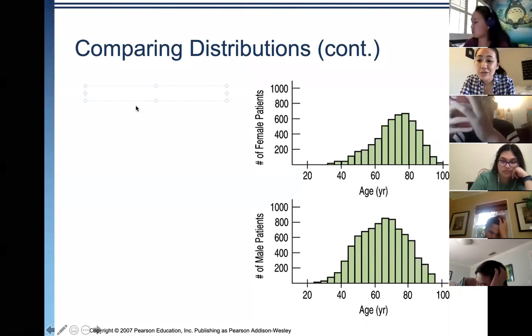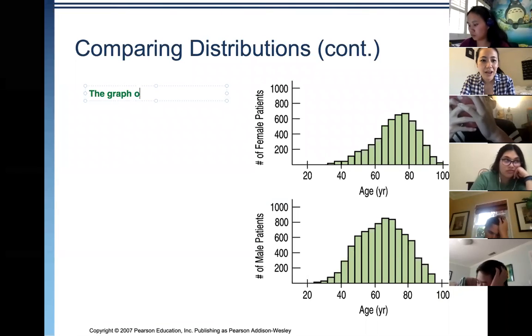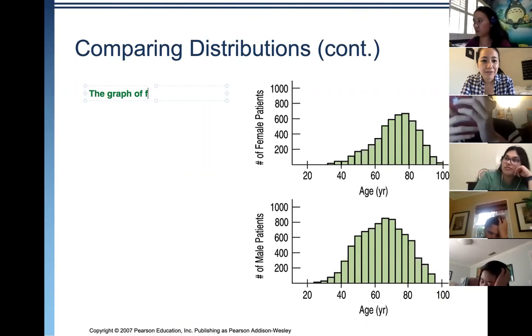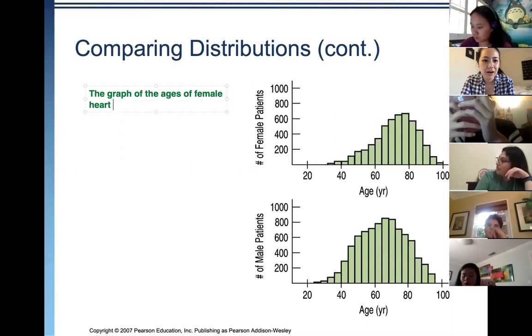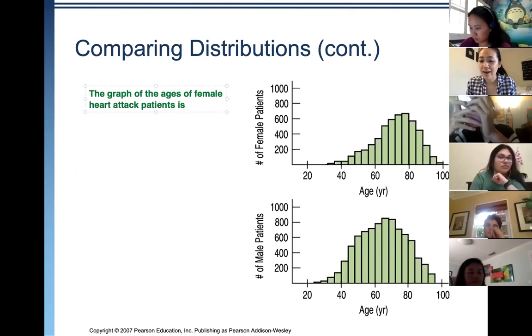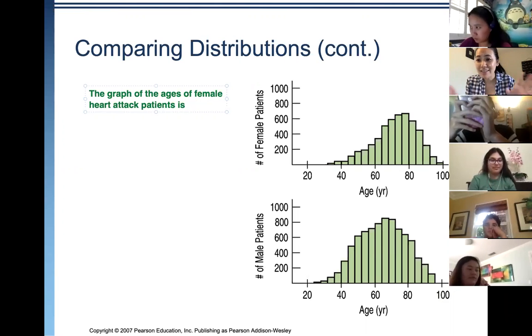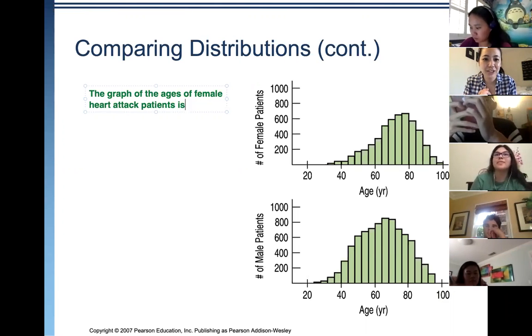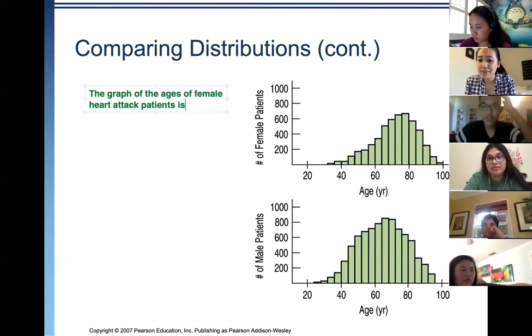All right, so to describe the top graph here, I'm going to say the graph of the ages of female heart attack patients is... So get the context out of the way first, just get it done with. The graph of the ages of female heart attack patients is, and then I'm going to go through SMUCs.